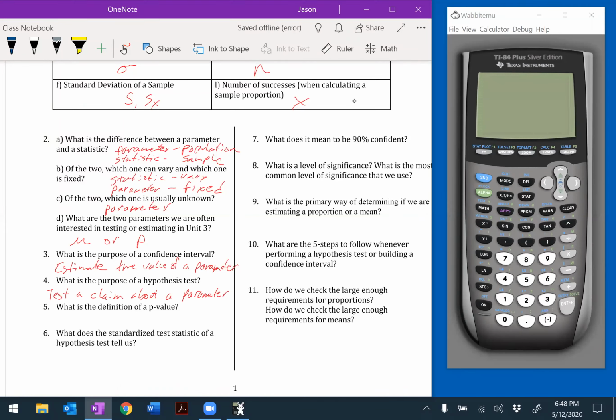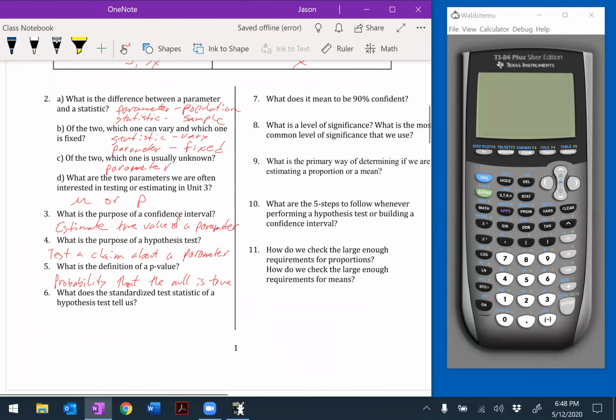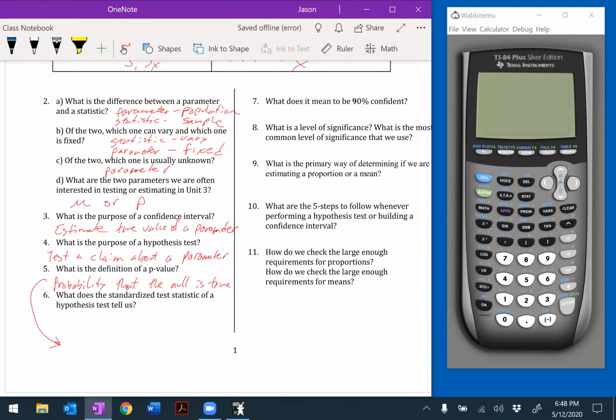What is the definition of p-value? It's the probability that the null is true. Okay, I might go with a picture on this one, right? Because the null is in the middle here. This is the null.